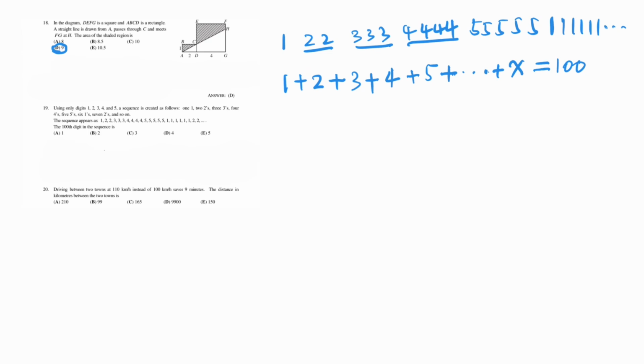This is an arithmetic sequence. Sum equals the first number plus the last number x, times the number of numbers, that's x, divided by 2, equal to 100. So to solve this, we use 1 plus x times x, both sides times 2 equals 200.